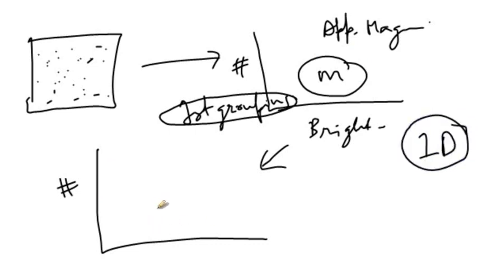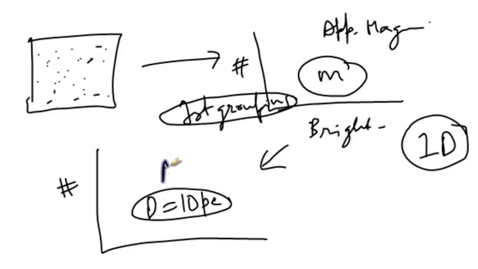Now this time what we are doing is we are saying that let us put all the stars at a distance of 10 parsec from us. So this is the distance. Then whatever apparent brightness they will have will correspond to absolute magnitude.